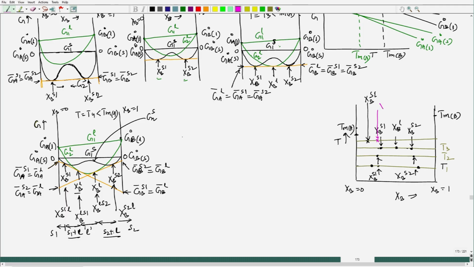This is the point X B of liquid. Now, this point also will shift towards right. So, this would be X B of S2, and the liquid equilibrium composition would be here.